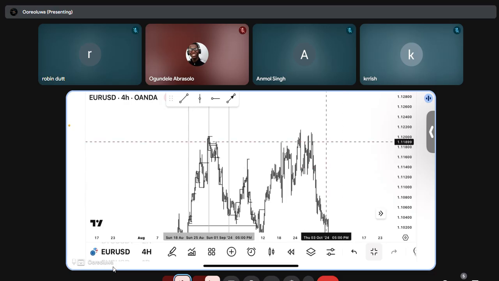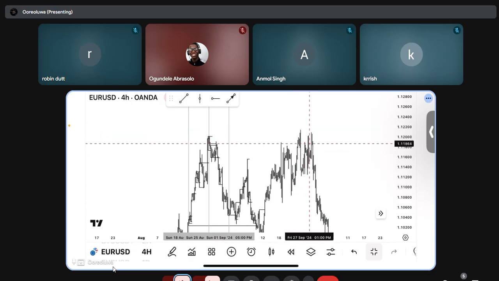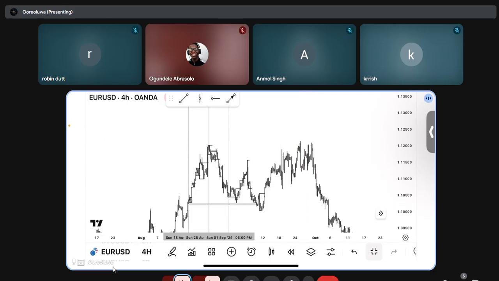So we got to this high, right? And yeah, this is where the main move starts from because it was like a higher time frame key level. This sell was like a higher time frame key level. So this thing works better if you are coming from a very high time frame key level, right?